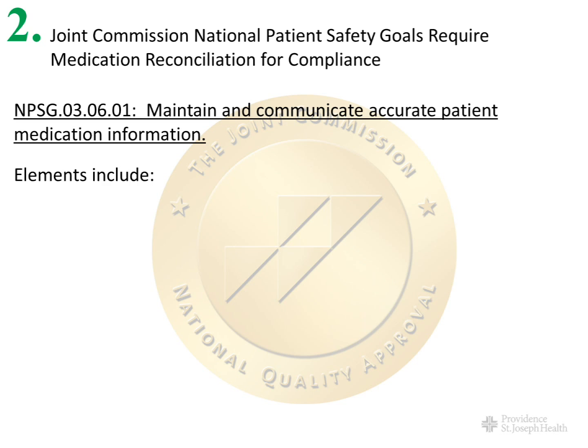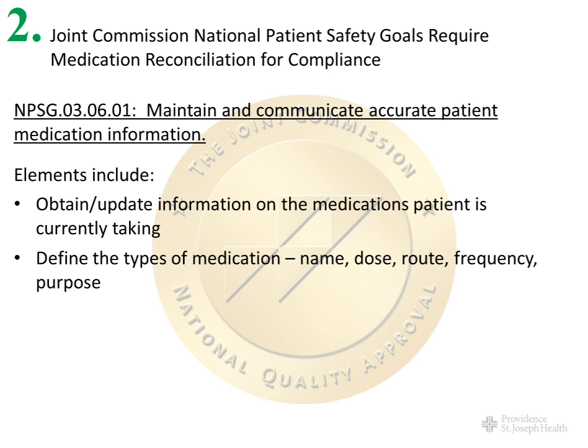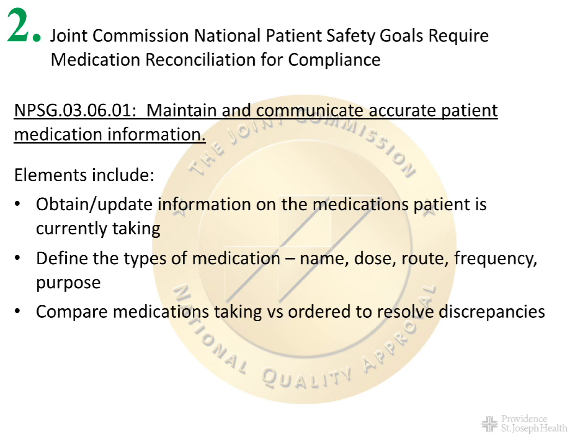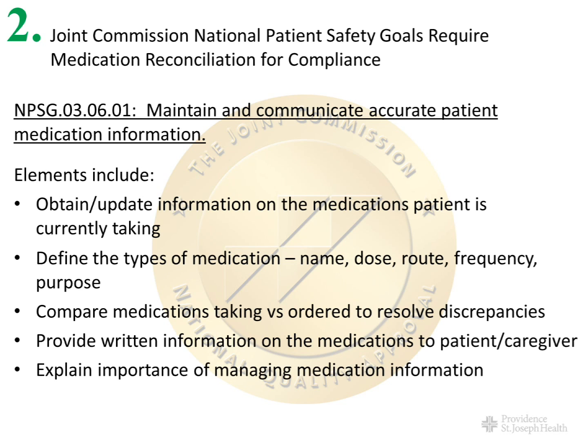The elements include obtain and update information on the medications the patient is currently taking, define the types of medication, the name, dose, route, frequency, and purpose, compare medications taking versus ordered to resolve discrepancies, provide written information on the medications to the patient and/or caregiver, explain the importance of managing medication information.